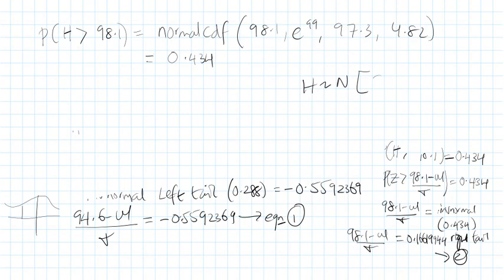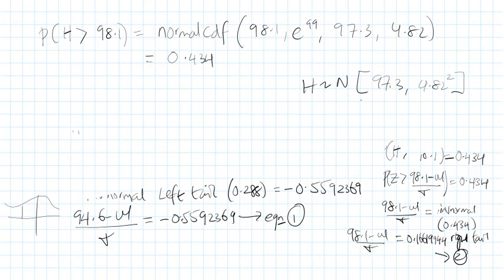So if the question starts with each plant can be modeled by a normal distribution, that means the normal distribution is for the whole question. We're still working with the height, and the height is normal. So we need to find the probability that the height is more than 98.1, so we need to use this. Okay, part C.